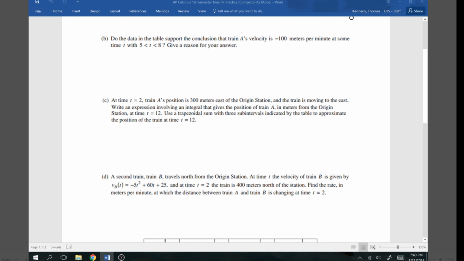We're writing an expression involving an integral that gives the position of train A in meters from the origin station at time equals 12. Okay, because our problem involves velocities and VA of t is like our big variable in this, we're integrating VA of t. Because if we integrate the velocity, we are going to get the position.